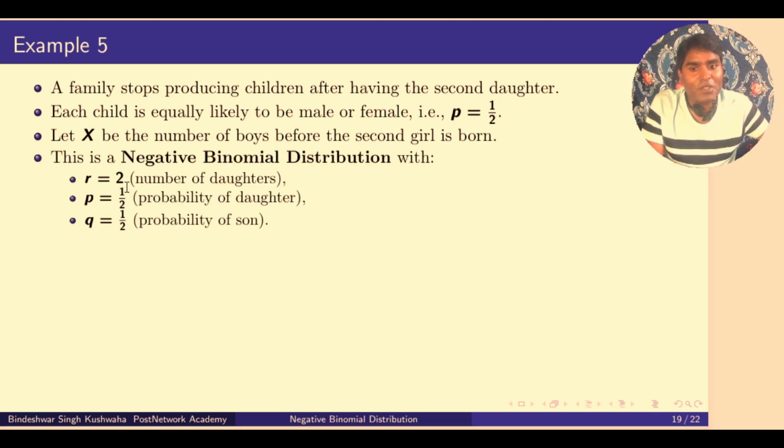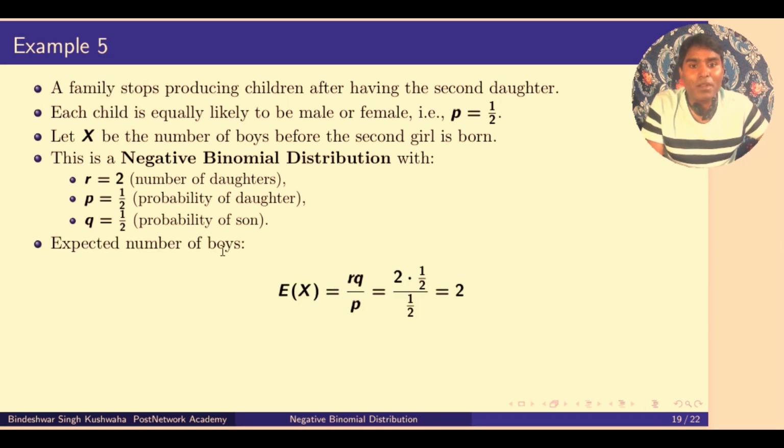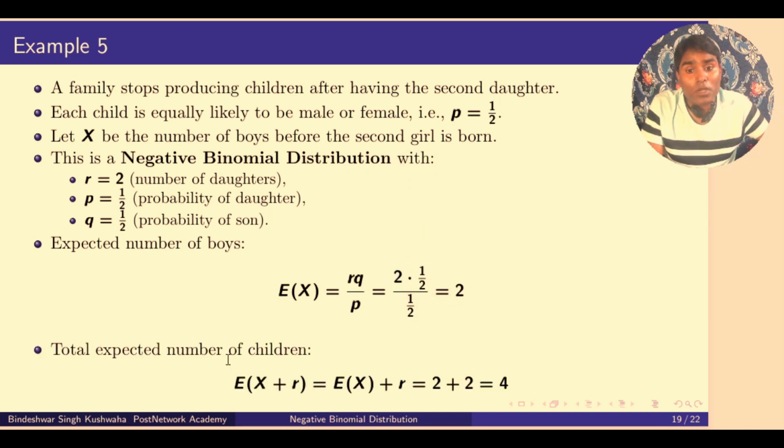So r is equal to 2, the number of daughters, and the probability of a daughter and of a son is half. So the expected number of boys is rq upon p, 2 into half upon half, that is 2. And the total expected children is X plus r, so the expected value of X plus r is 2 plus 2, that is 4.